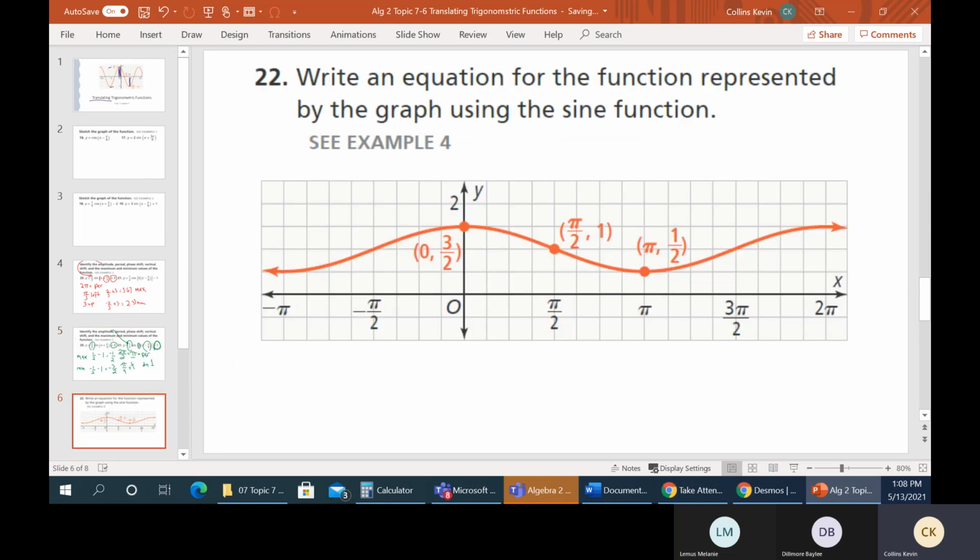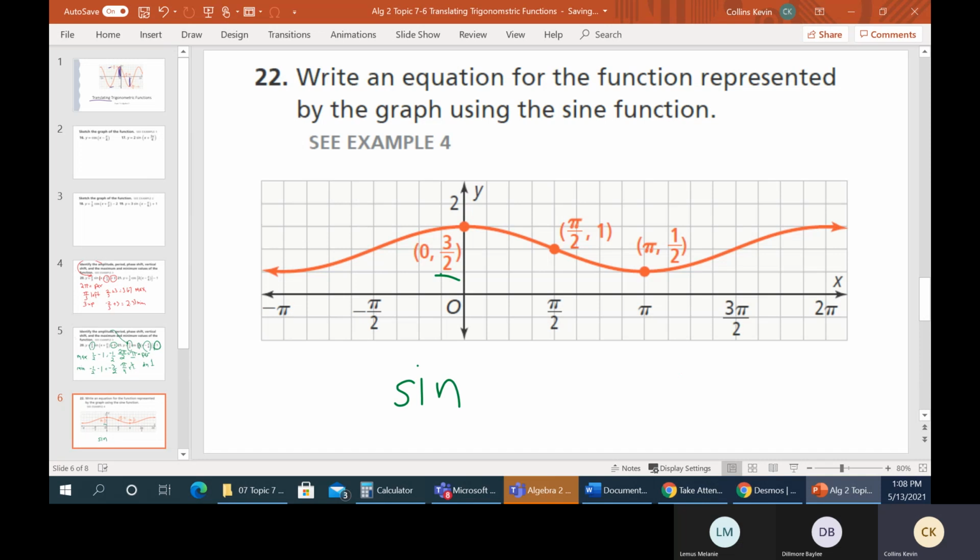All right. So it says write an equation for the function represented, using the sine function. So they're going to tell us this is a sine function. All right. So it's going to be sine. Next thing we need to do is figure out the amplitude, right? So the highest we go is 3/2, that's our max right here.